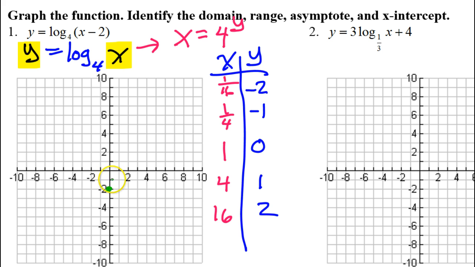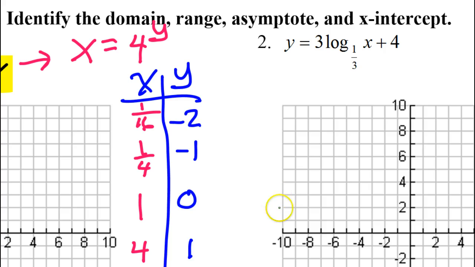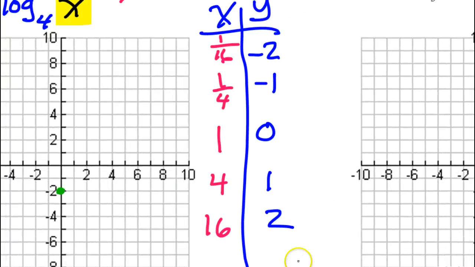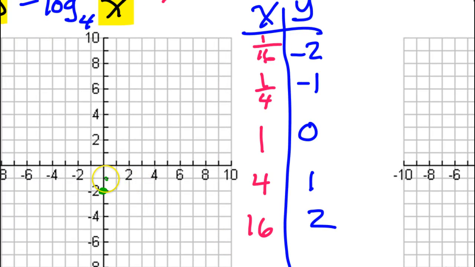I feel like I should zoom in a little. All right, and then I have 1, 0, and then 4, 1, and then 16, 2 is too far off the graph to do anything about it, so I'm not going to worry about it. So I've got these 4 points that I can work with.